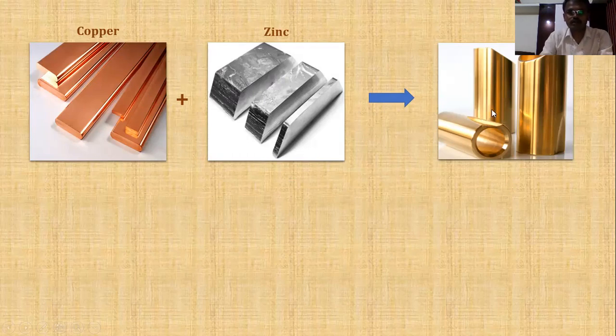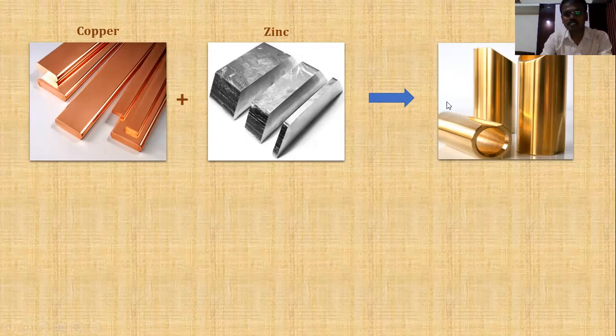We have got a new color due to the uniform mixing up of zinc atoms and copper atoms. If zinc atoms and copper atoms were not mixed up uniformly, then we would have got here and there patches of this silver color, here and there patches of brownish color. But both of them have got mixed up uniformly, therefore we have got uniform color all over the surface of brass, right?